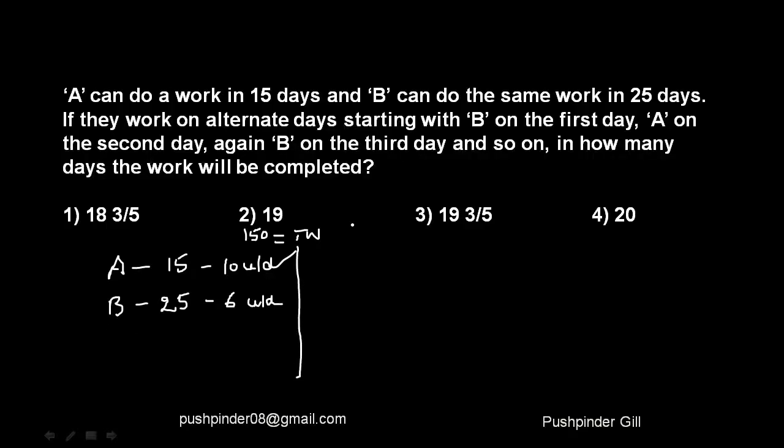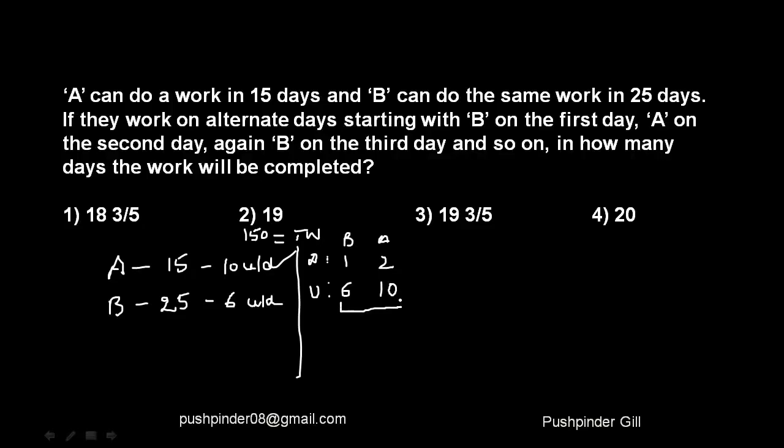So now what is going to happen? Let's see. Now these are days and these are units. Fine. Now on the first day, B starts the work. That means B finishes 6 units. On the second day, A works, which means that A finishes 10 units.